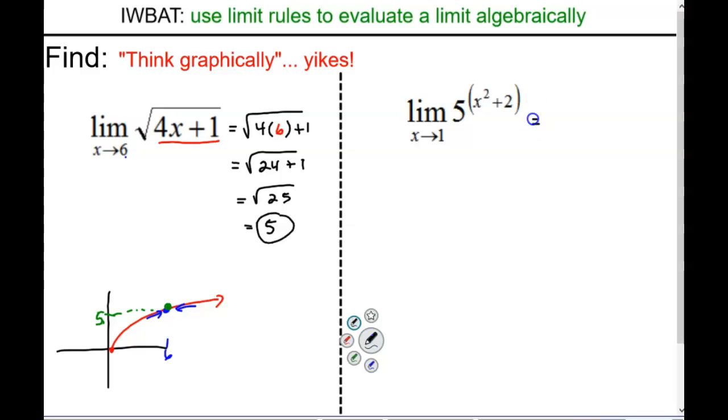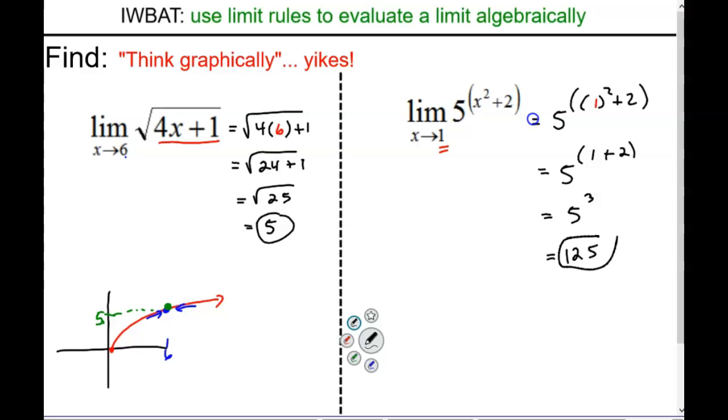So what do we do? Take the fact that x approaches 1, and you can do as much as you want in your head, or you control all your steps. 1 squared is 1, 1 plus 2 is 3, 5 to the 3rd power is 125.